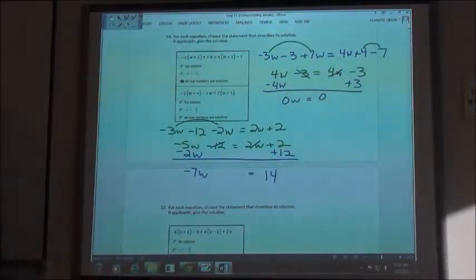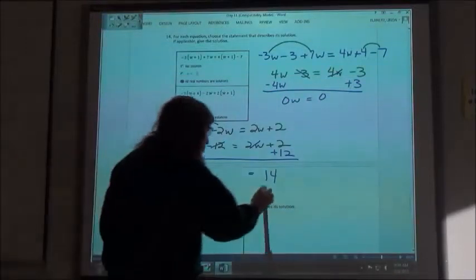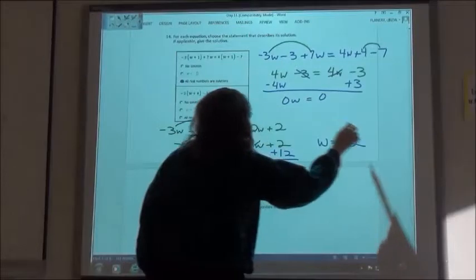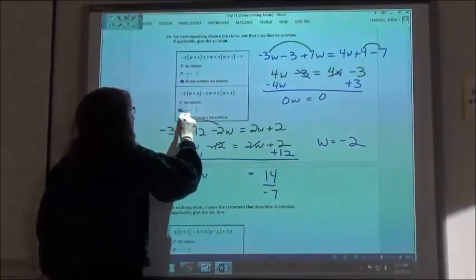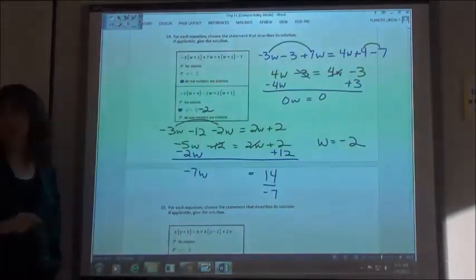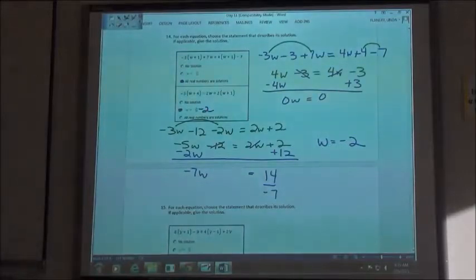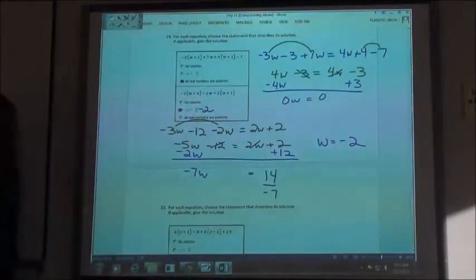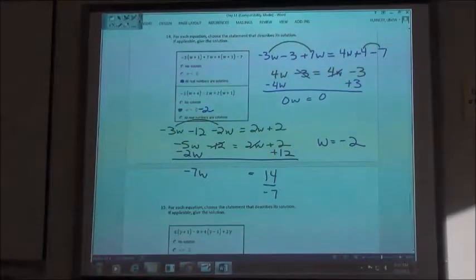So now we divide, and W is equal to negative 2. So we check the middle one, type the negative 2 in the box, and that's your answer.